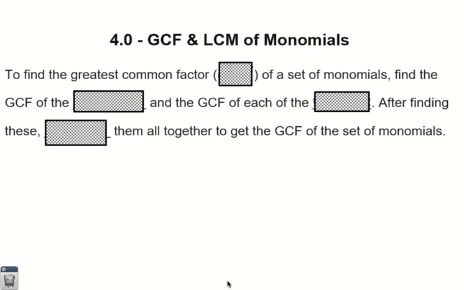Real quick intro, the term monomials basically means an expression that's only one term. I'm going to write some stuff down that you don't need to write down on your paper. An example of a monomial would be maybe 3x.